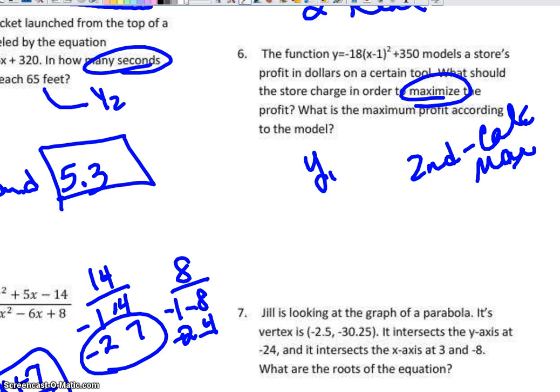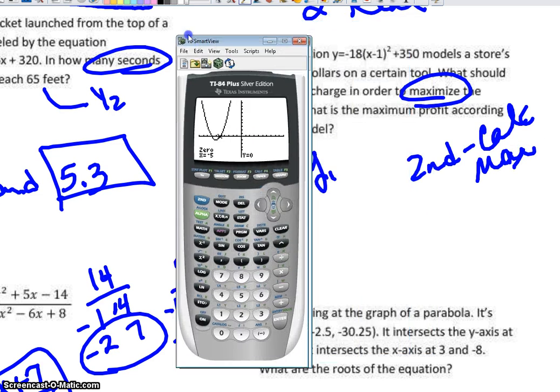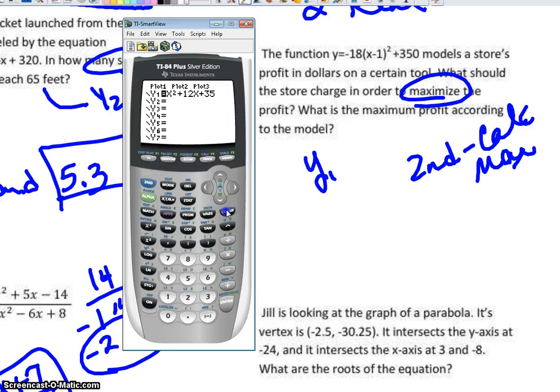max. So go to y equals. Clear it out. You're going to put negative 18 times x minus 1, quantity squared, plus 350. You're going to go second calc, number 4 for maximum.